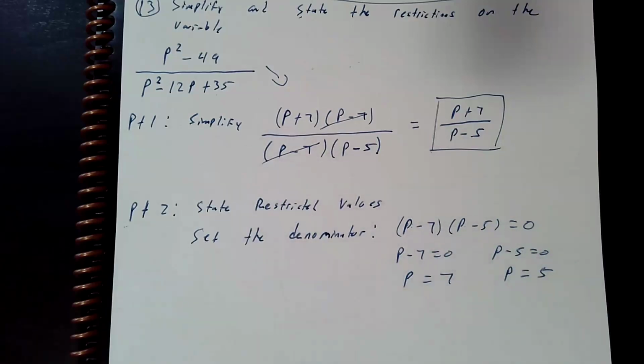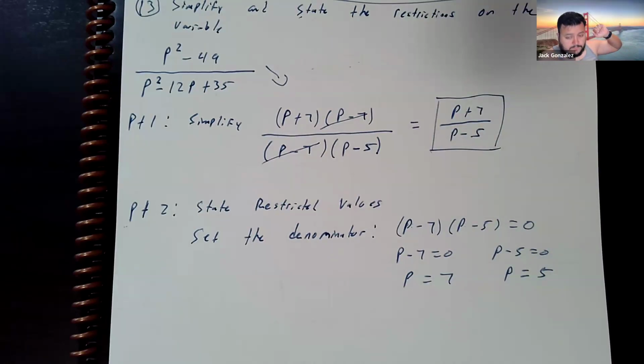Oh, is it because they're both on the bottom? Yeah, because of division by 0. Okay, that's pretty much it. Is there any question on that, or is it okay?